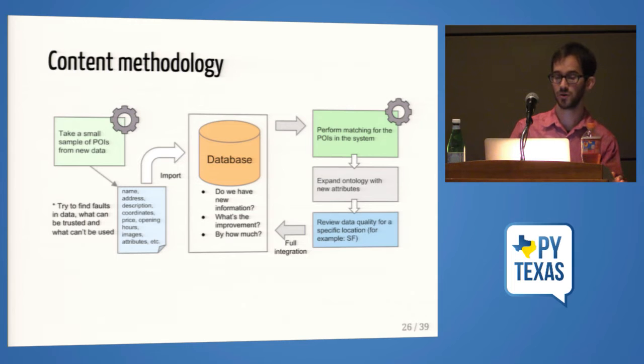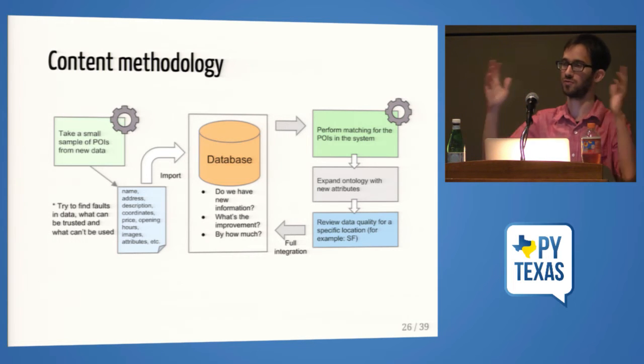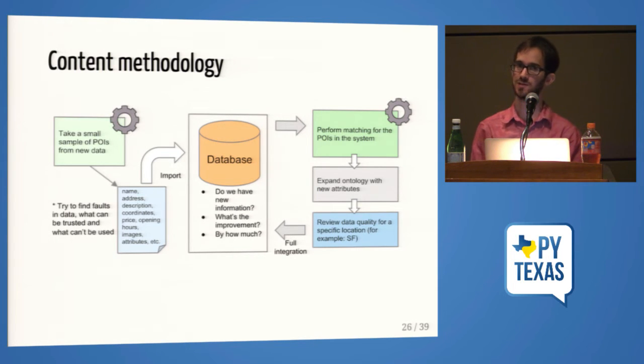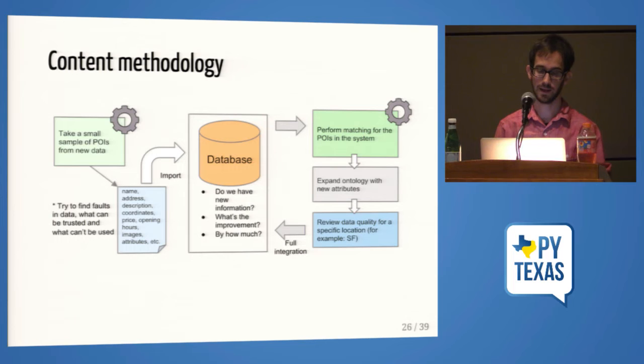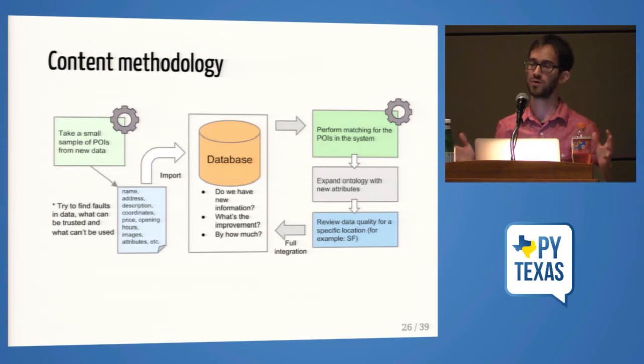So a content methodology might be to take a small sample of all of your new data. Just take a small amount of points of interest or specific cities around the world and do the whole workflow only for these POIs.